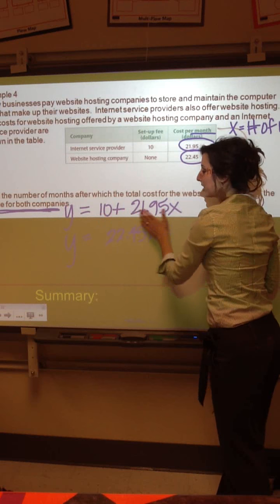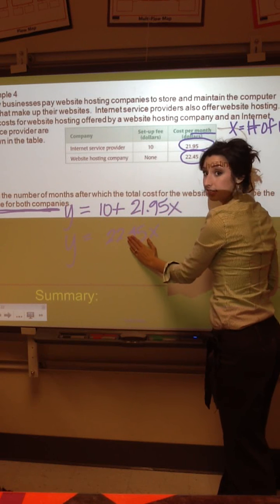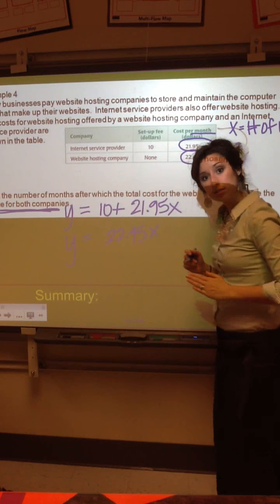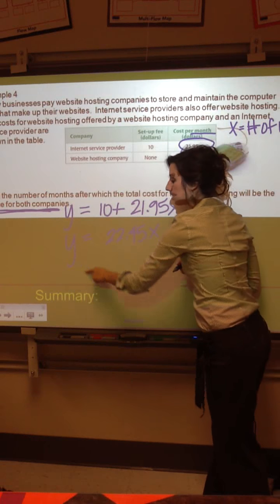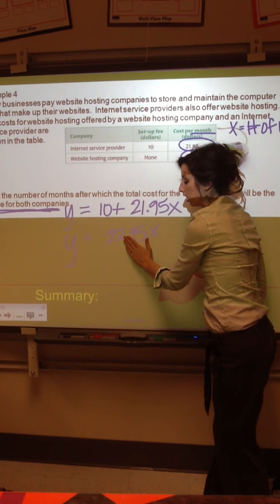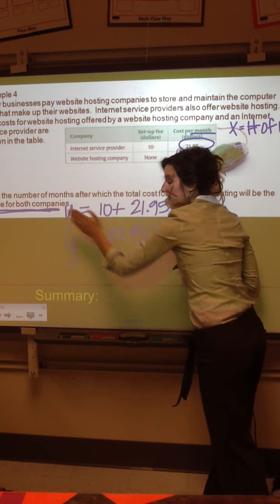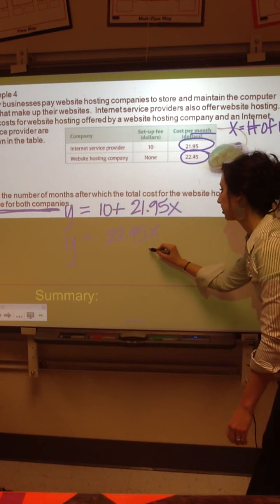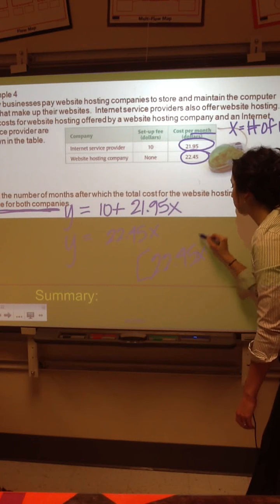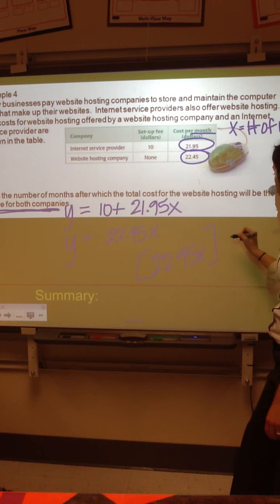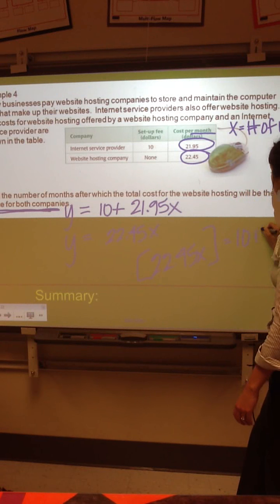I'm going to take this equation and I'm going to put this for y, okay? Hopefully everybody's with me so far. So it already says y equals right here. I'm just going to put this on the y. Okay, so here's my brackets.